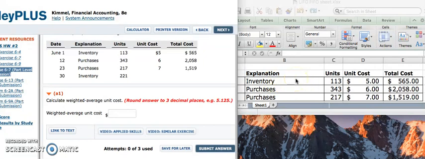All right, so the first thing we have to do to get the average unit cost is sum these units and sum the cost, and then divide the cost by the number of units to get the average cost. Now you notice I did not put in this last entry here. That's the ending inventory, what we were left over with, so that doesn't count.